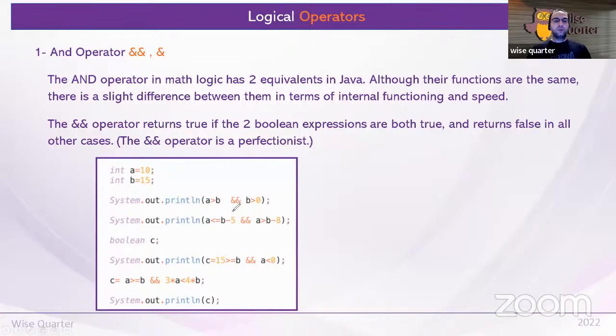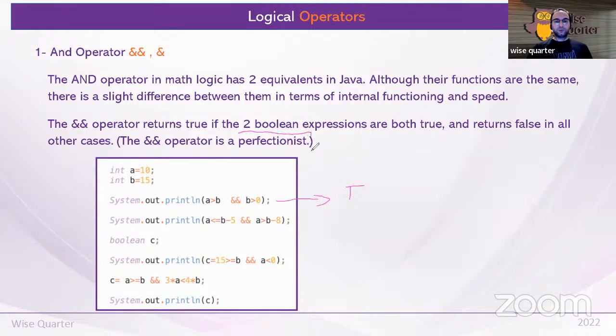Okay, we have an AND condition here. It means to be able to print true, all the conditions should be true. Let's check. If one of them is false, the result of the calculation will be false. Just one false is enough. The AND operator is a perfectionist.